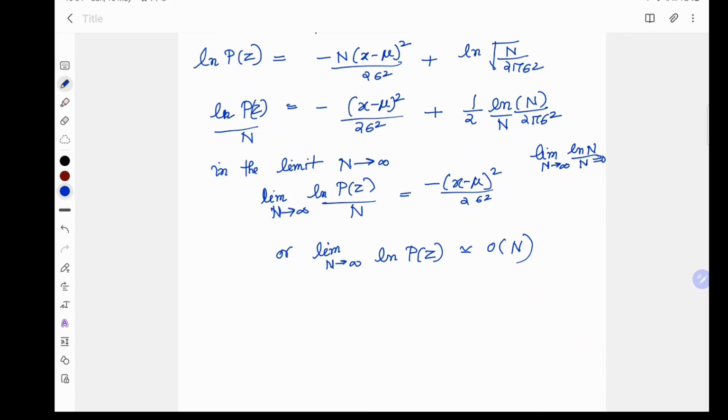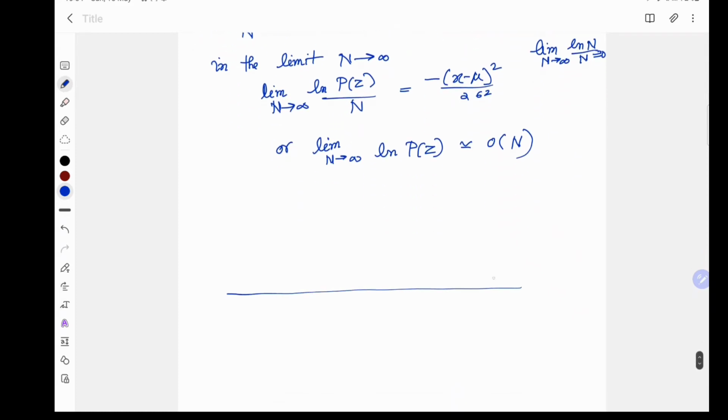So if you have seen the plot of the Gaussian, it is something like this. It is flat near its maximum, and it has long tails. So if you expand around this maximum to get the information at the tails, it is actually very difficult.